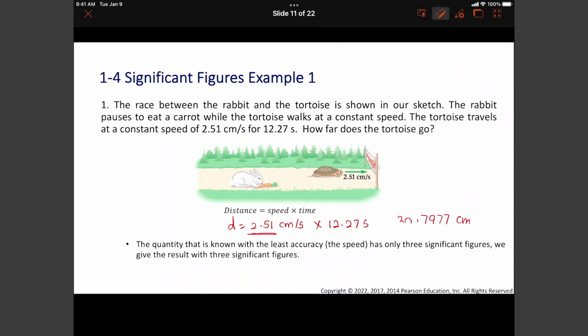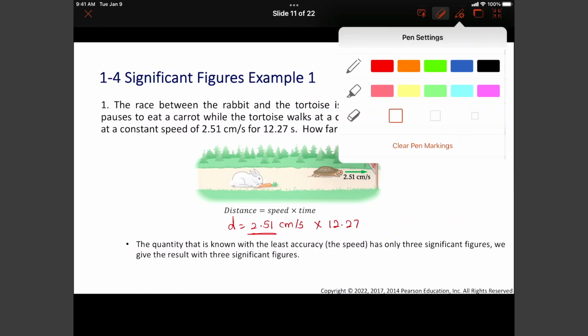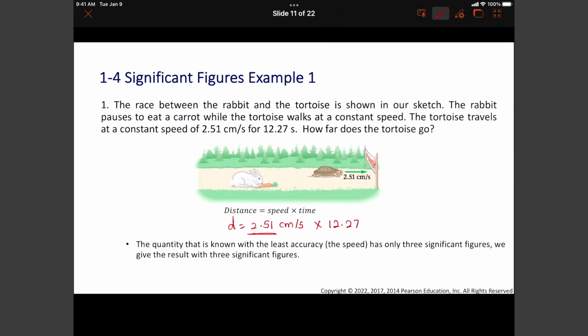I will erase this. And this is rounded to 30.8 centimeter.